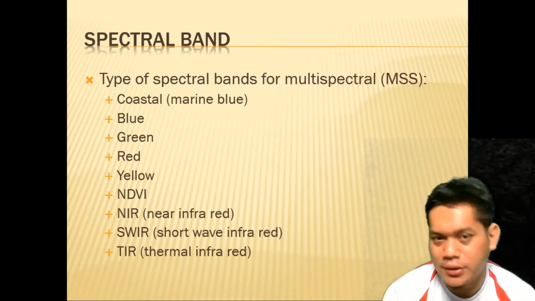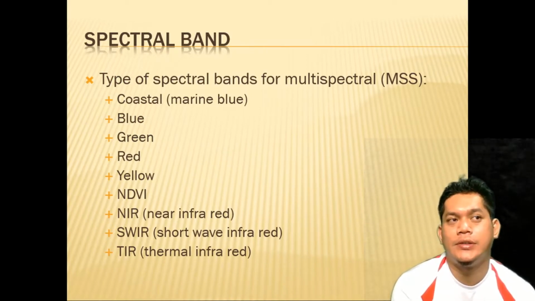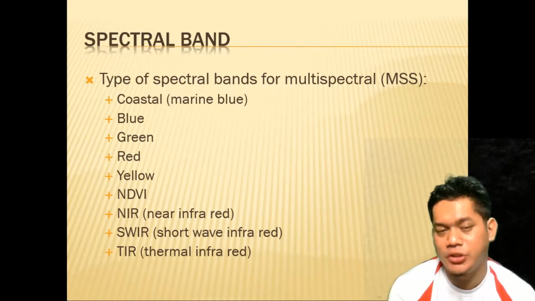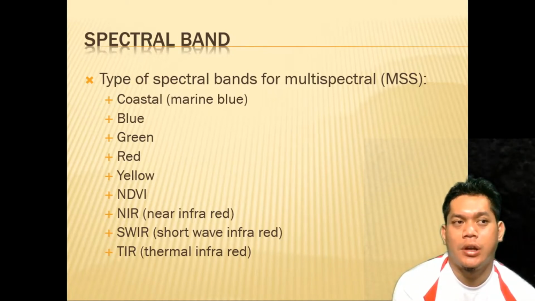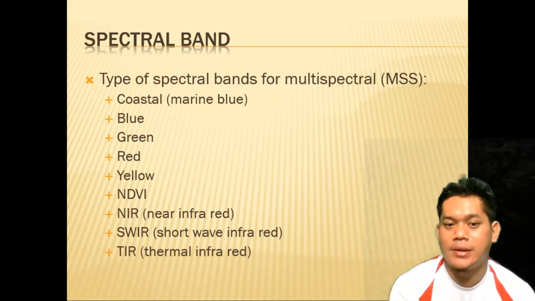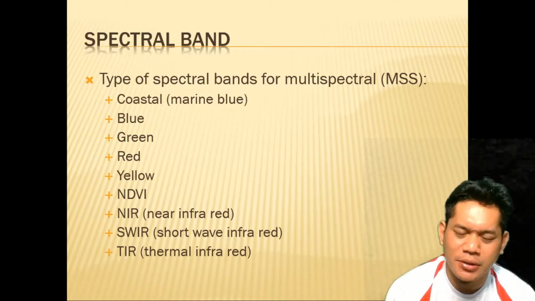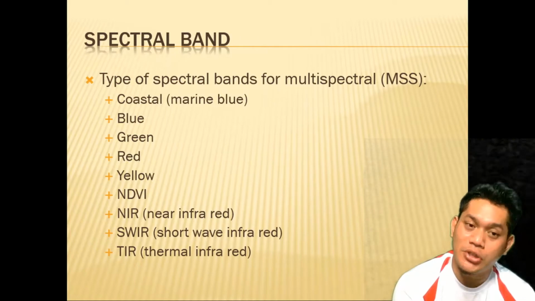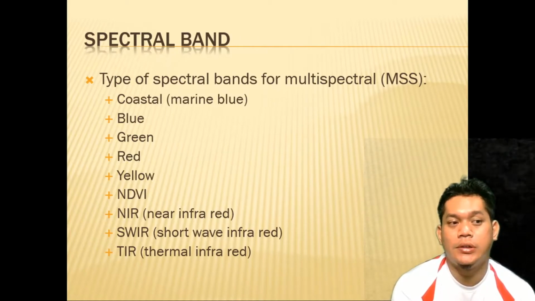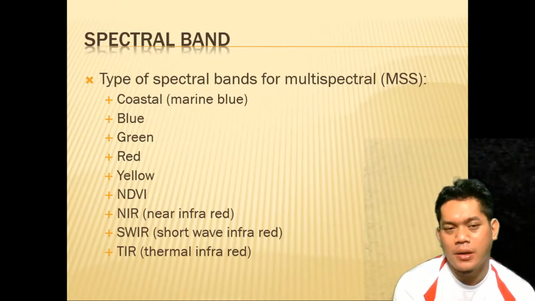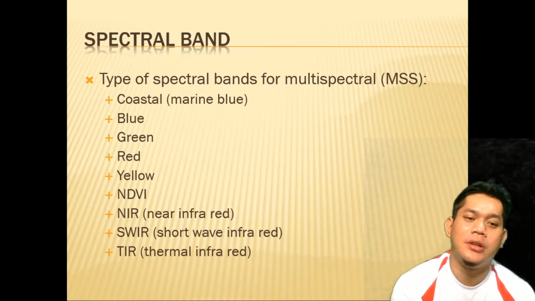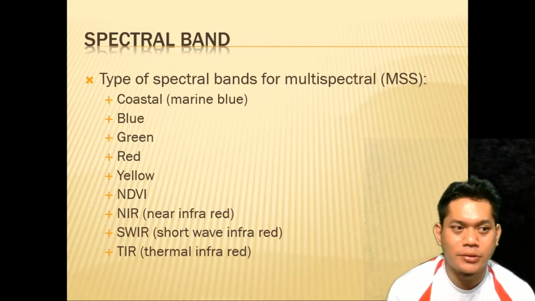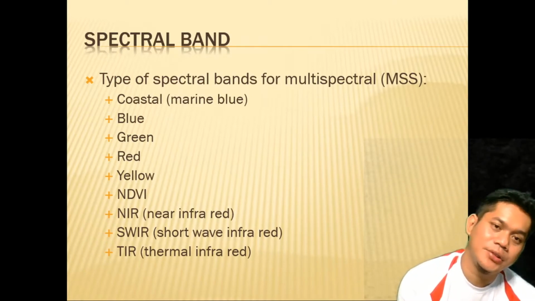In multispectral data we have different kinds of information, which we call bands, and these spectral bands are the layers of information of the remote sensing data, and they can be separated into several types of bands.